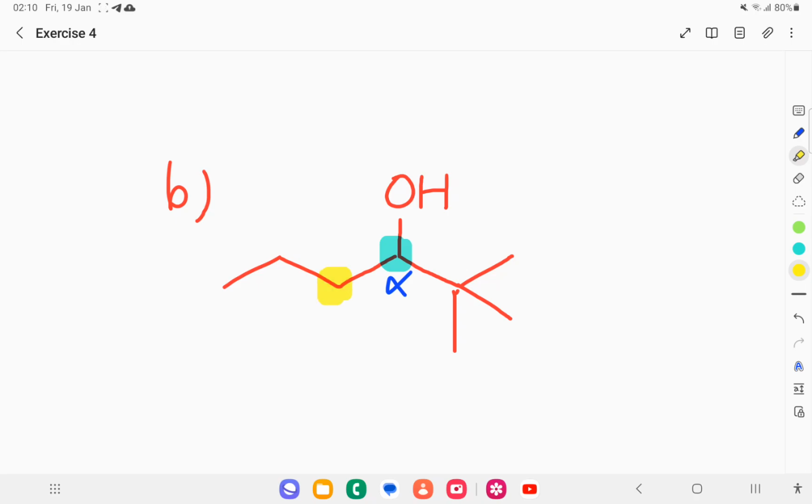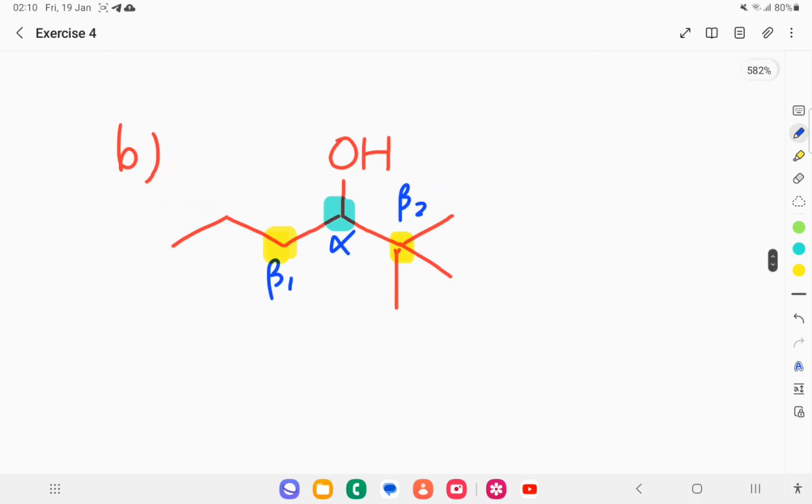This is one beta carbon, CH2, CH2, CH3. And then this is another beta carbon, CH, CH3, CH3, CH3. Sorry, this is only a C carbon because the bonds are already 1, 2, 3, 4. So I consider this the beta 1, and this the beta 2.